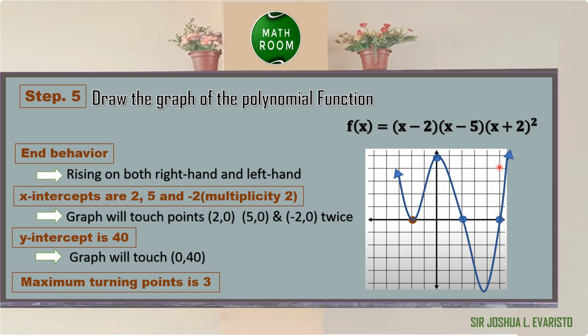We have 3 turning points: 1, 2, and 3. This is now the graph of the polynomial function f of x is equal to quantity x minus 2, quantity x minus 5, quantity x plus 2, quantity squared.